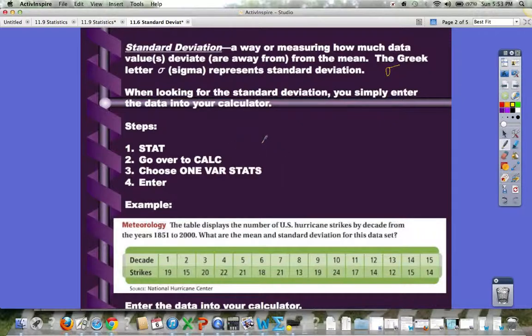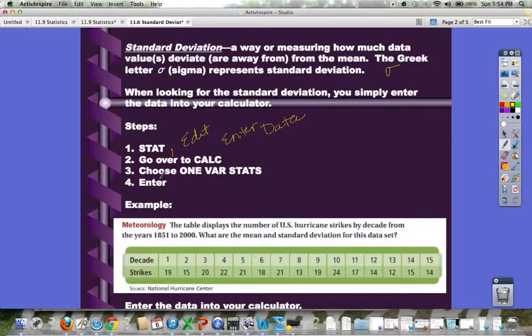When you're looking for the standard deviation, you're simply going to enter your data into your calculator and it will do it for you. You just have to remember the steps. You're going to go to Stat on your calculator, then Edit, and enter your data.